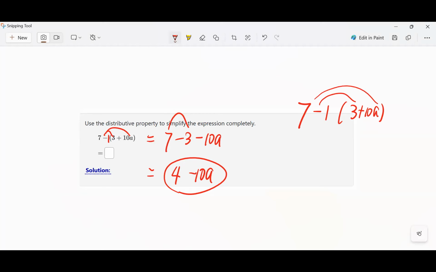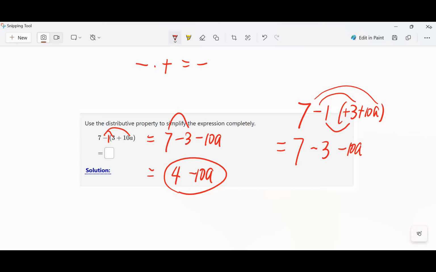That's how we look at it. So carry over the 7, then you get negative 1 times 3. Negative 1 times positive 3, that's minus. You put back the positive sign here. Minus times plus is minus. Get the sign first and then multiply 1 and 3, you get 3. Similarly for the second term, negative 1 times 10a, minus times plus is minus. 1 times 10a is 10a.